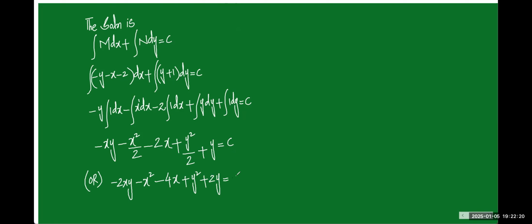It may be c also, no problem. That is your answer. You'll get 2c or c, no meaning. Constant we can write any time, anywhere. You can write it that way also. Doesn't matter. For a constant, nothing matters.